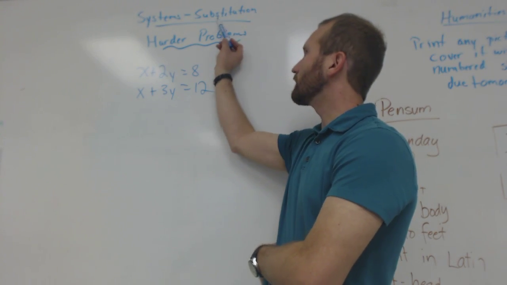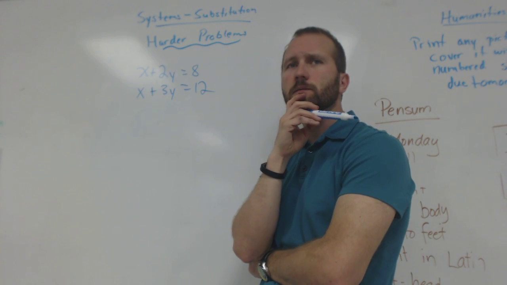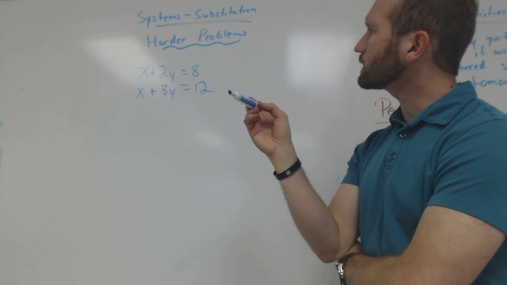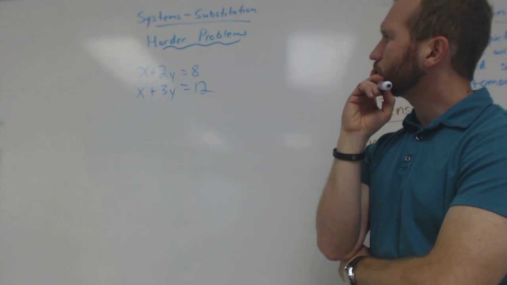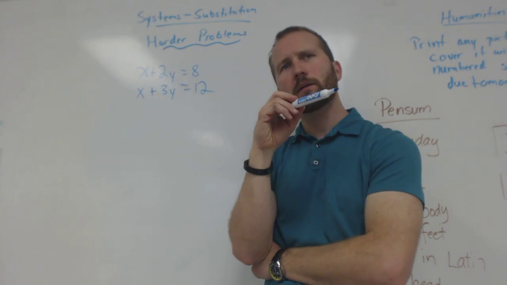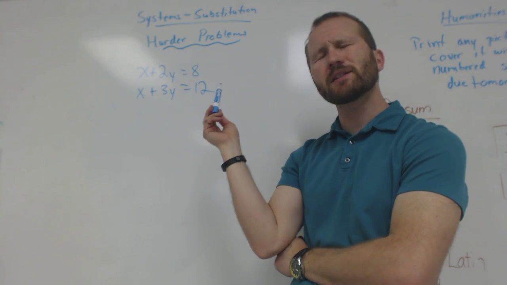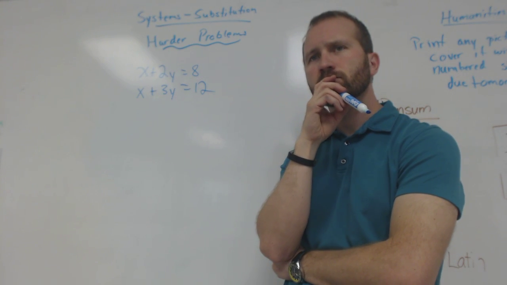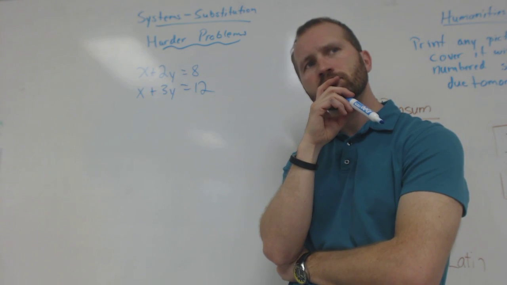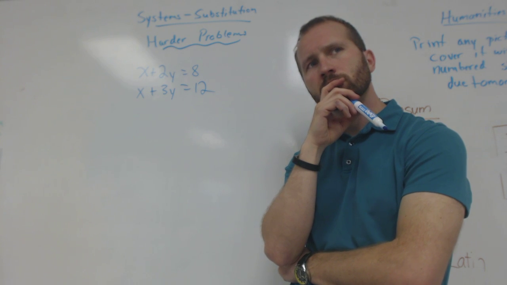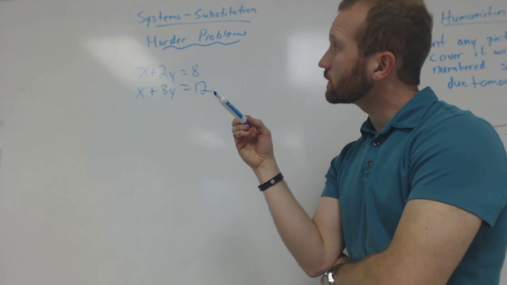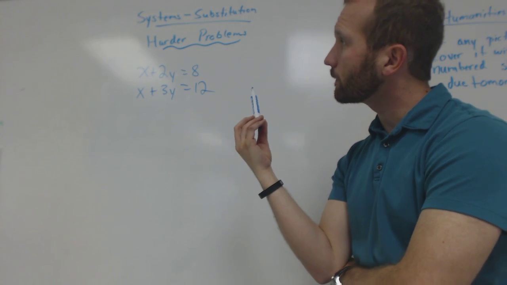It says substitution, so I have to solve this with substitution. But I don't have x equals or y equals. Does anyone see an easy way to get one of these equations to say x equals or y equals? Or subtract the x out. Subtract the x? From which one?